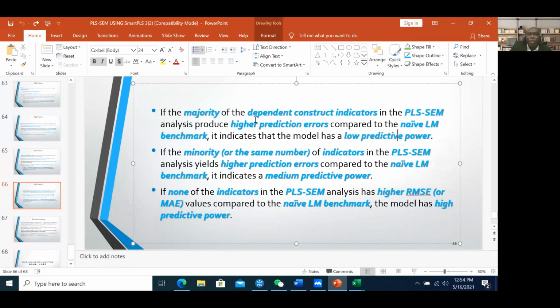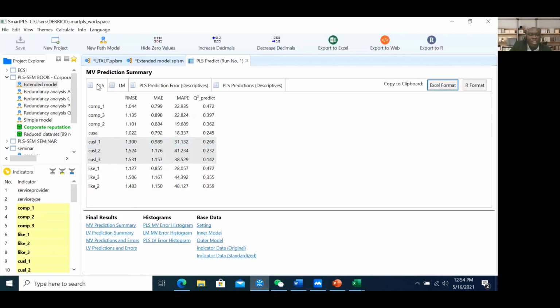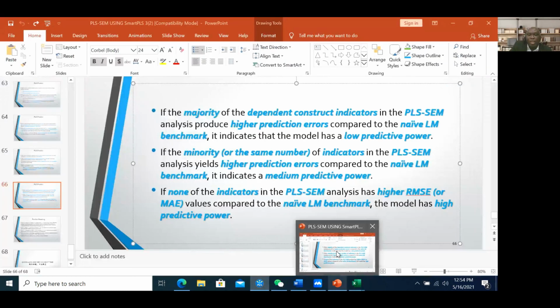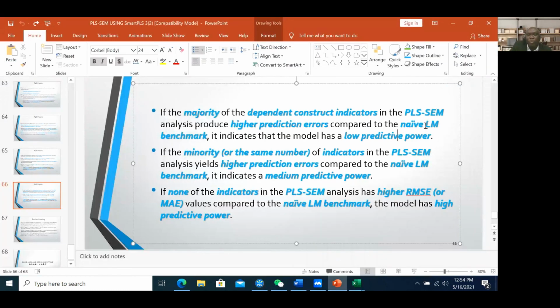Good. So if the majority of the values here are higher than this, then there's low predictive power.